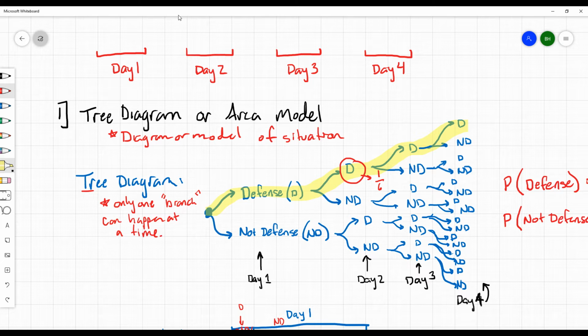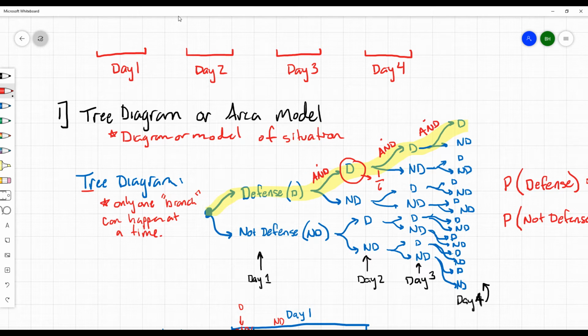Now, luckily, every time we follow a branch of the tree and we only follow that one branch, all of these events are in order such that we want the defense to happen, and defense to happen, and defense to happen, and the defense to happen. So each branch we want to happen. So each branch we're going to be using "and," which means we're going to be multiplying probabilities.